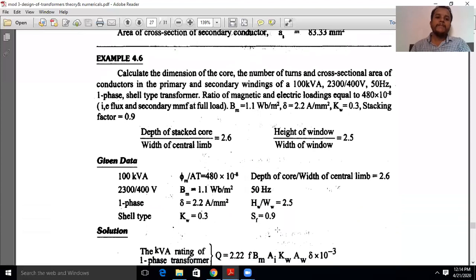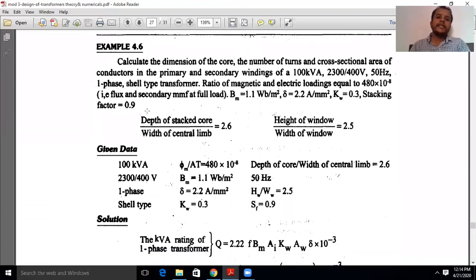Now take one more example. Here, calculate the dimensions of the core, the number of turns and the cross-sectional area of conductors in the primary and secondary windings of a 100 kVA, 2300 by 400 volt, 50 Hz single phase shell type transformer. The ratio of magnetic and electric loading is equal to 480 into 10 to the minus 3.